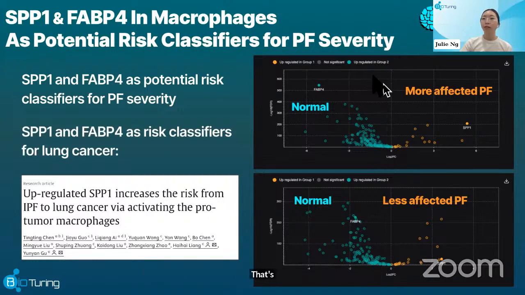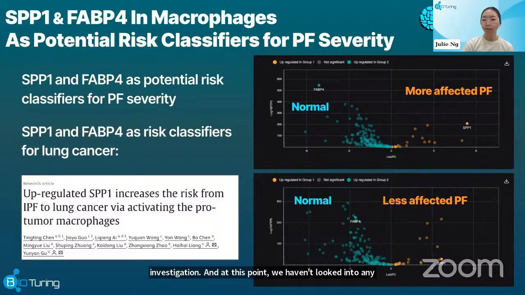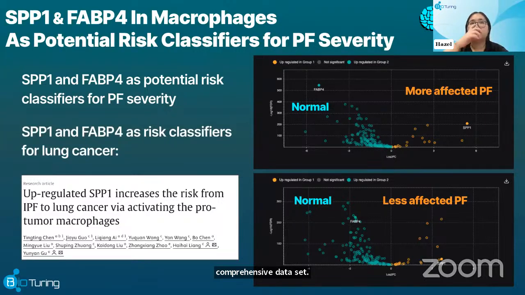So we haven't looked into the reason why this might be. However, this could warrant some further investigation. And at this point, we haven't looked into any other macrophage subtypes as of yet. But this is quite a comprehensive data set, so there are a lot more research questions that could be asked. For this specific talk, we only looked at SPP1 and FAB4.